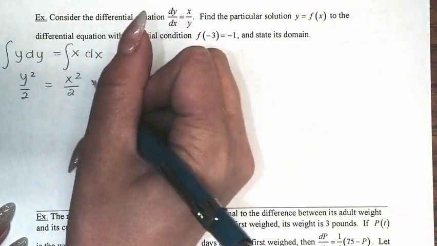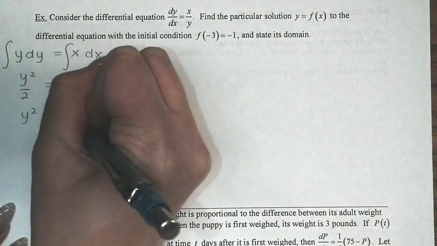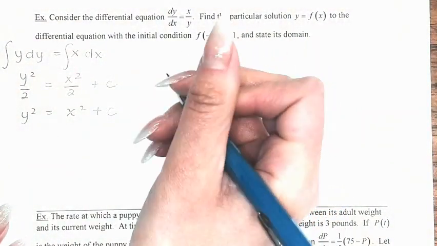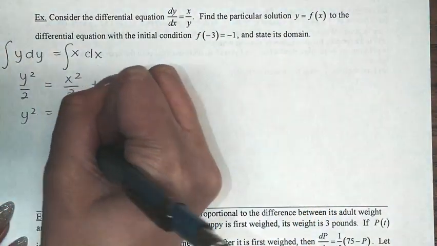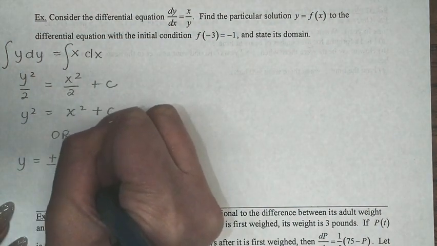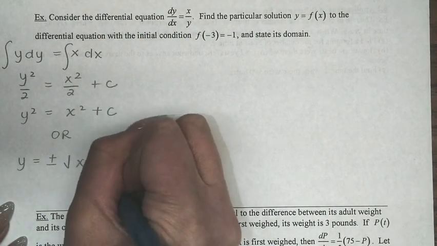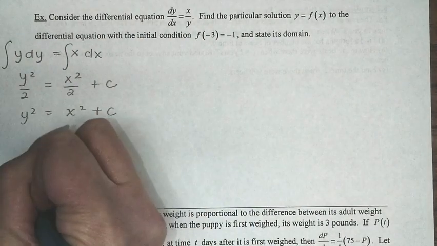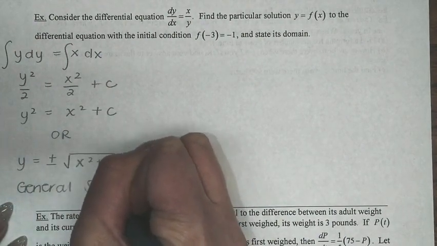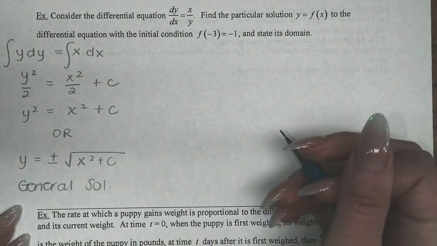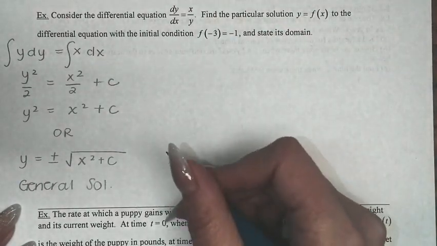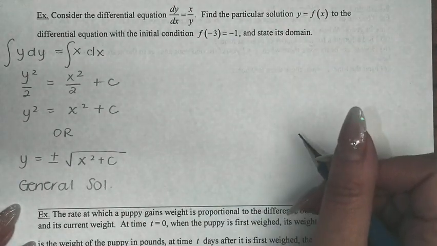Following this idea, I can multiply everything times 2, having this as your general solution. Also, technically speaking, we could say that your general solution is y equals plus or minus the square root of x squared plus c. So this would also be a general solution for this equation, okay? So let's say that I took that one as my general solution, okay?